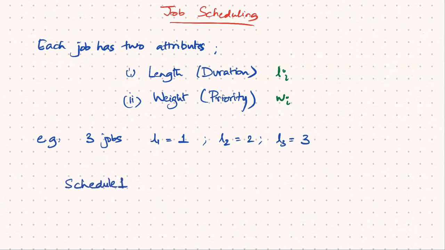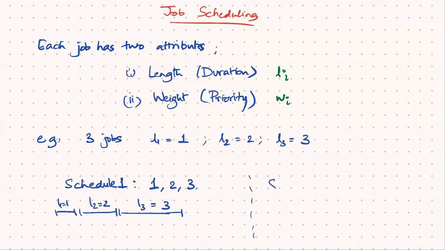The first way we schedule this is we first do job 1, then we do job 2, then we do job 3. So we first do job 1, which has length 1. Then we do job 2, which has length 2. And then we do job 3, which has length 3. This is one way of scheduling the jobs.